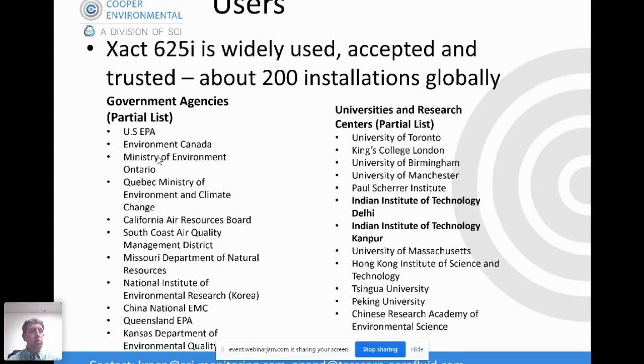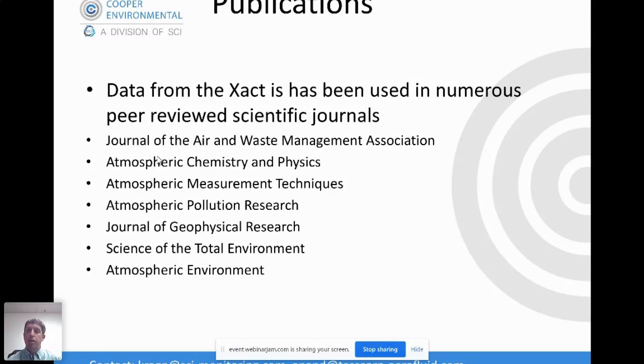So the instrument is being used very widely by lots of different researchers and lots of different government organizations. This indicates that the instrument is fairly widely used and accepted by the broader environmental monitoring community.